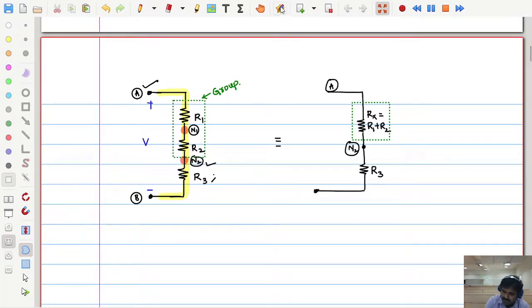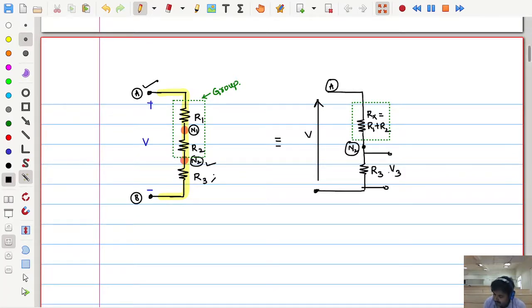Now see, if the total available value is V, and I want to find how much is this person's distribution, let us say V3, and this person's distribution, let us say Vx. Now you see how much is V3, your cousin's distribution.